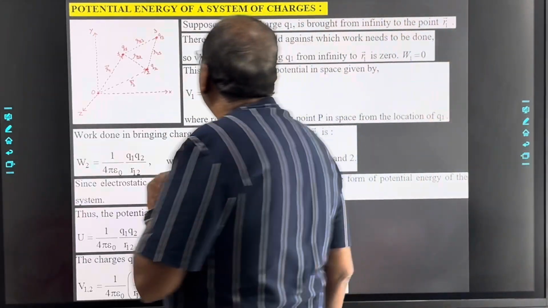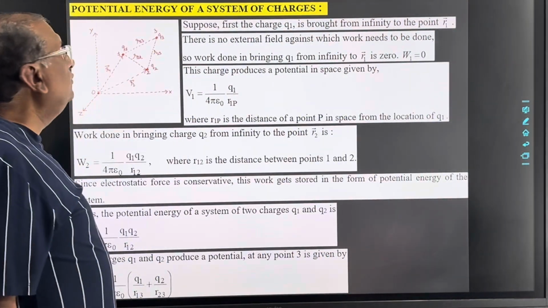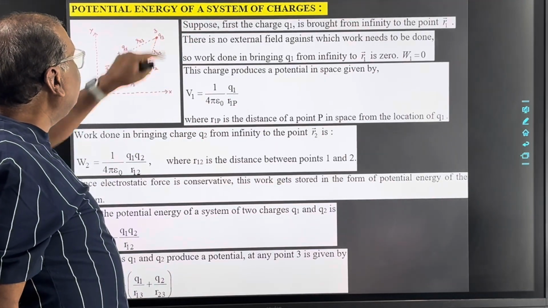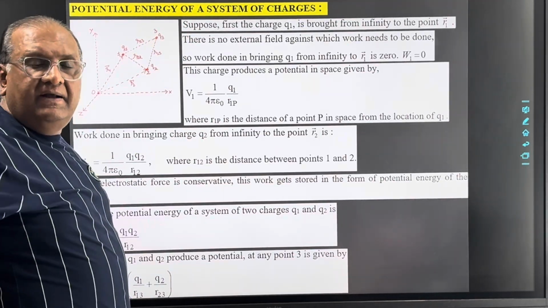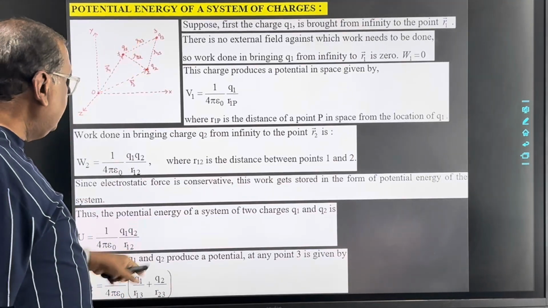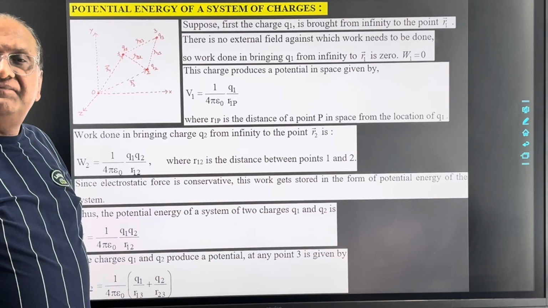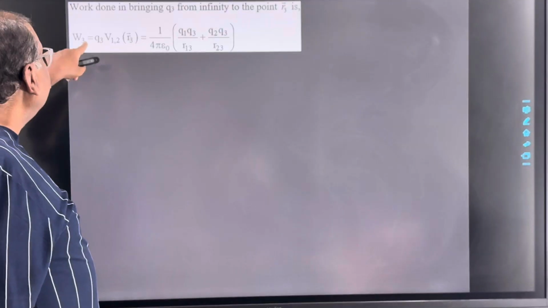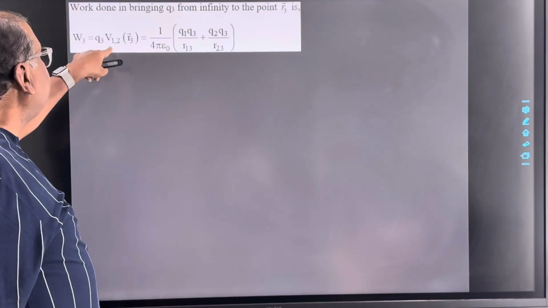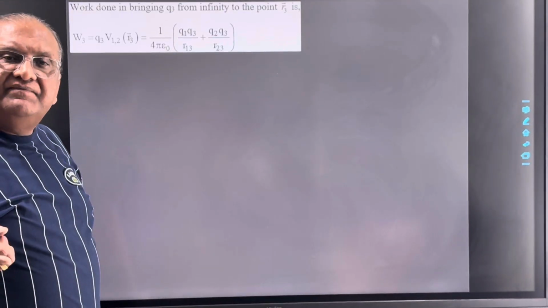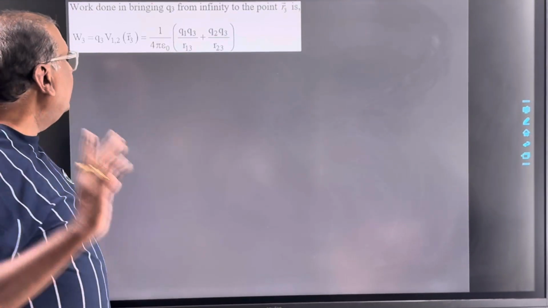Now if we bring charge Q3 from infinity to this particular point 3, then the total work done is Q3 into the potential at that particular point. So we can write W3 as Q3 into the potential due to 1 and 2 at point 3 having position vector R3.